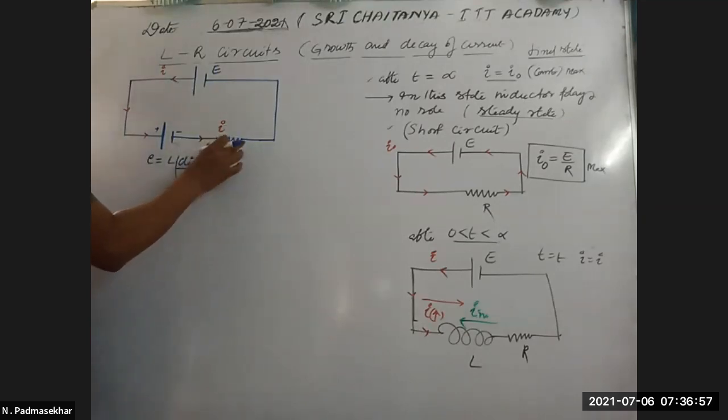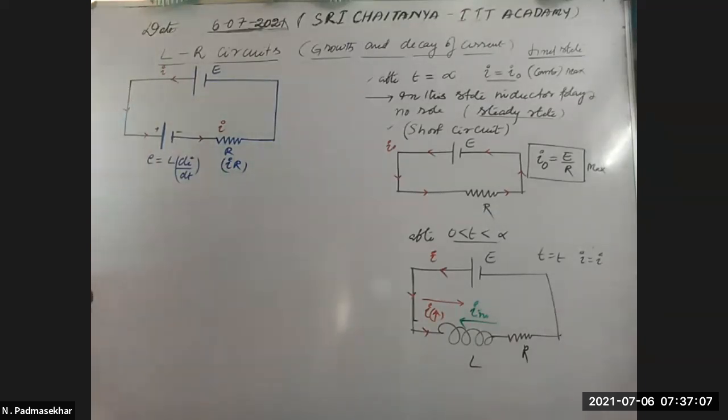But what is the potential difference across the resistor? The potential difference across the resistor is IR. So now I want to find out the current.